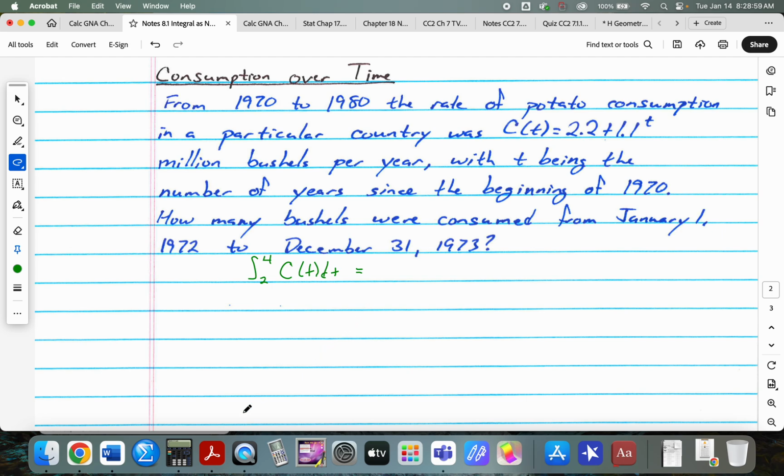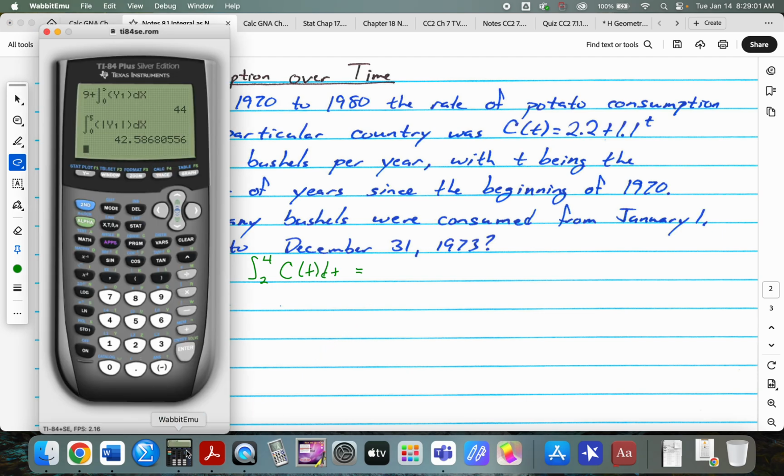So we're just going to chuff this into the calculator. So math 9 from 2 to 4 of 2.2 plus 1.1 to the t with respect to t.